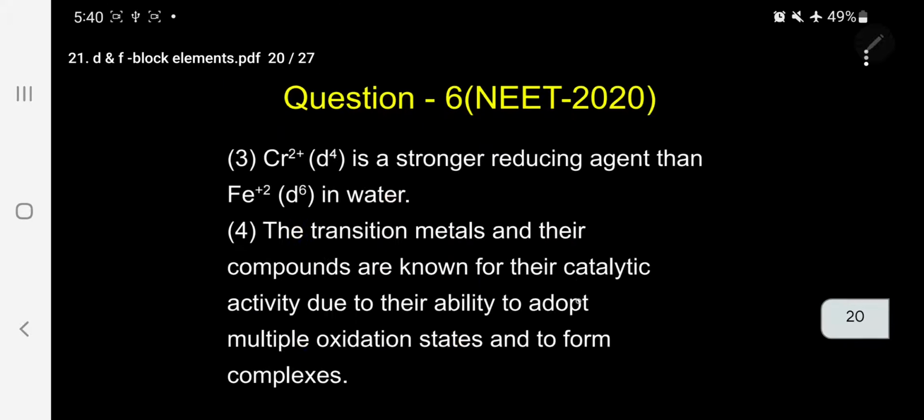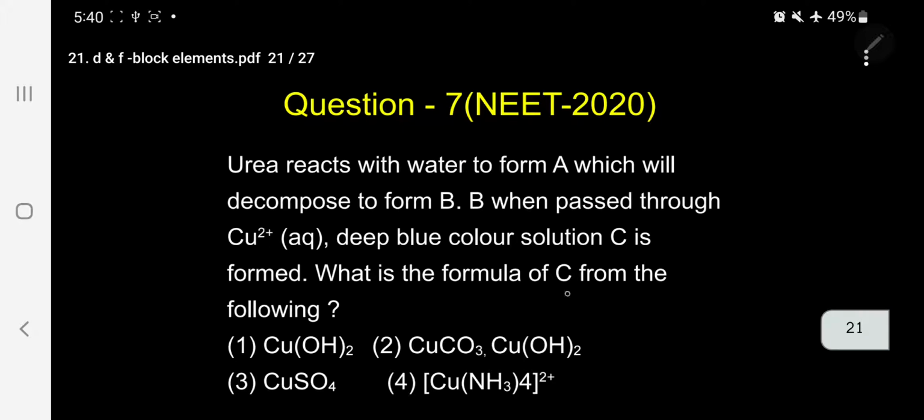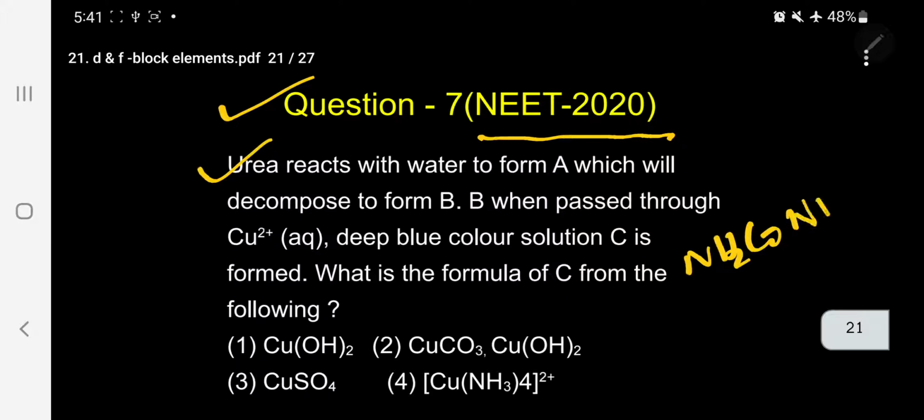Okay, let me go for the next question. Question number 7. This question was asked in 2020. Please follow. Urea, you know the formula, NH2CONH2.